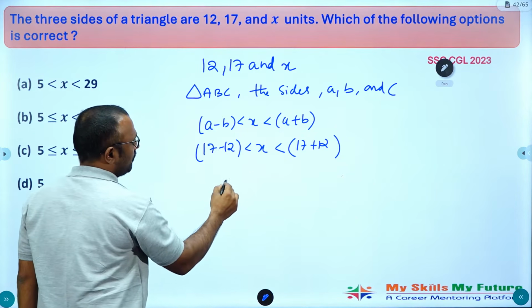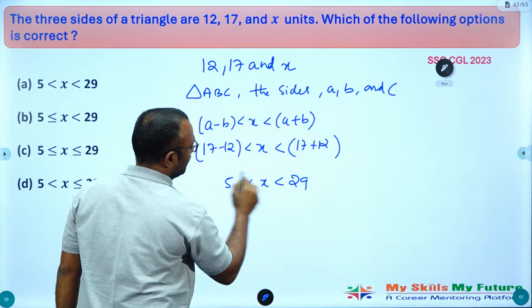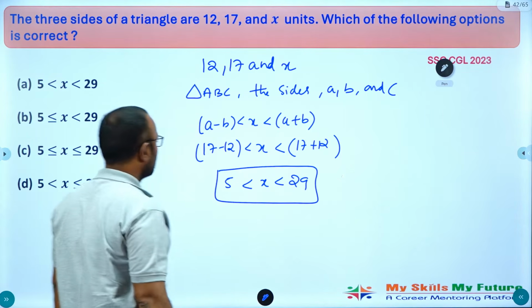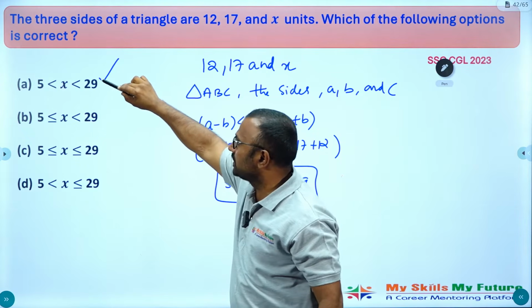So 17 minus 12 is 5, so 5 is less than x less than 29. This is the condition that follows. Option A itself is correct.